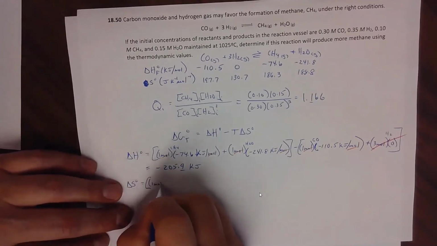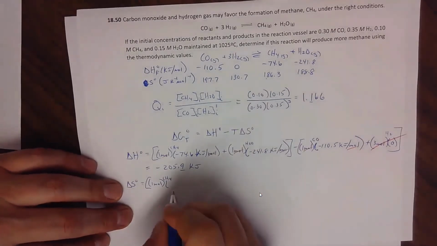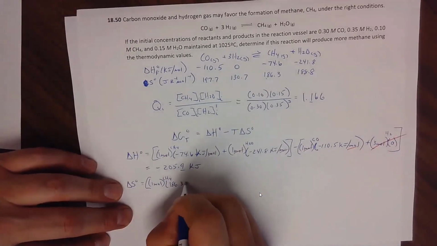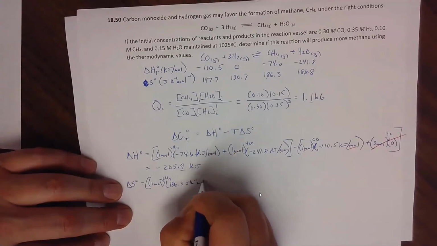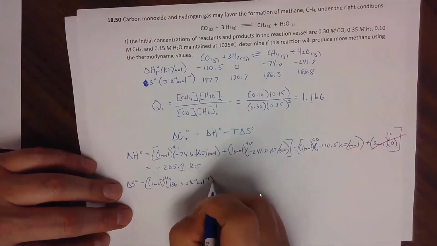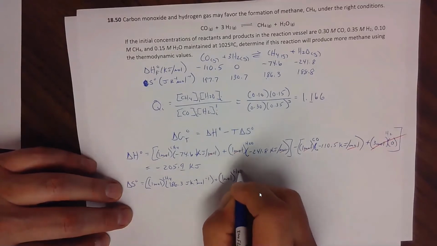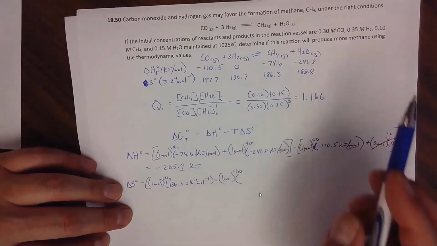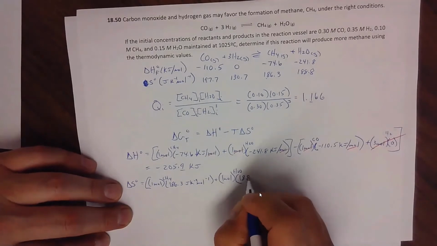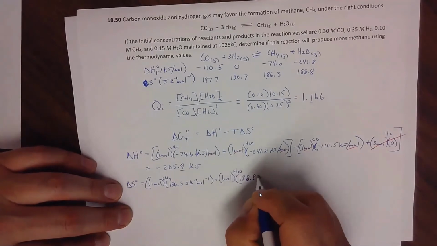So the 1 mole of methane at 186.3 joules per Kelvin per mole, plus the 1 mole of water at 188.8 joules per Kelvin per mole.